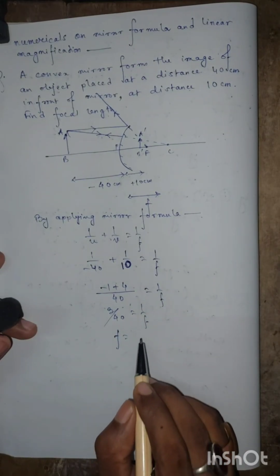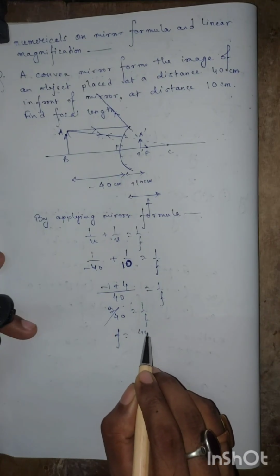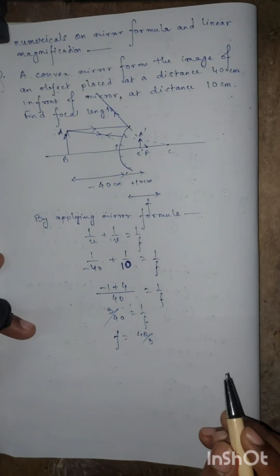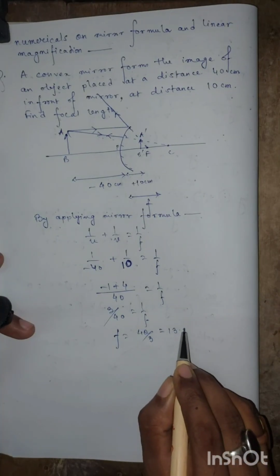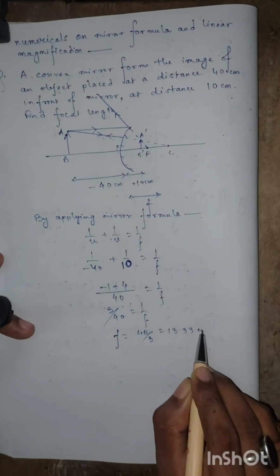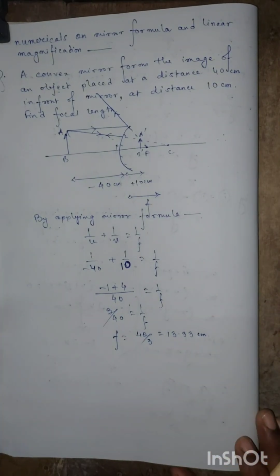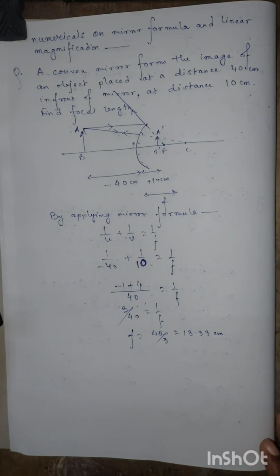So the value of f should be 40 by 3, which is approximately equal to 13.33 centimeter. So I hope the question and the solution is clear to you.